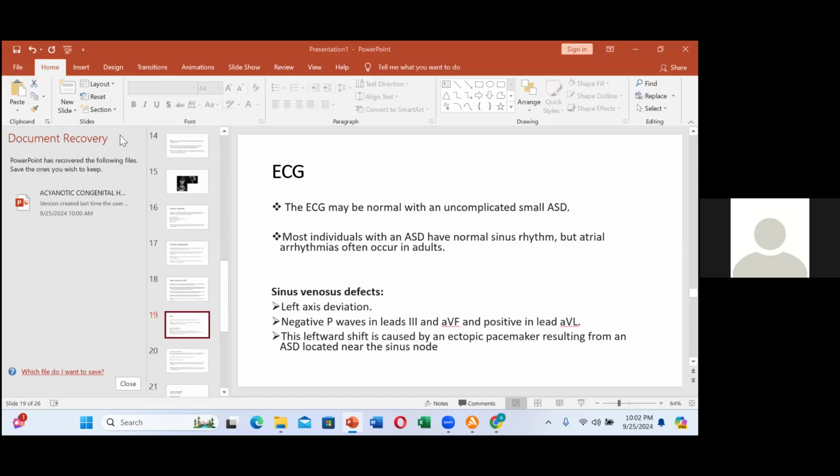So these ECG patterns are very important for the different types of ASD, and it's also good to know why they are this way.